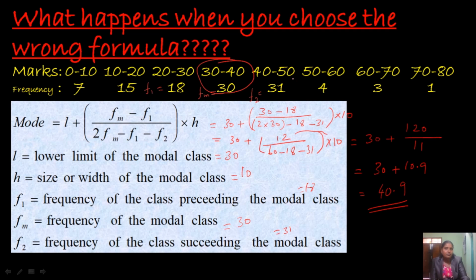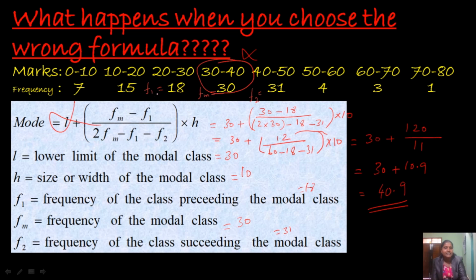But our modal class is 30 to 40, and the modal value I have obtained here is 40.9. That doesn't lie within the modal class. So the formula is not applicable. If the class interval with the highest frequency is identified as the modal class interval, then only you make use of this formula.